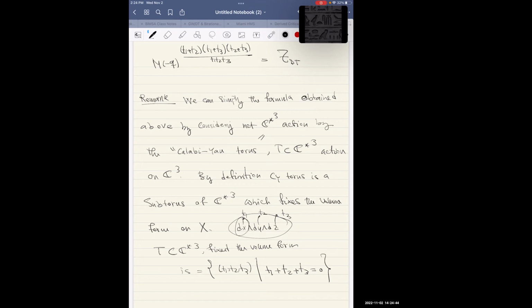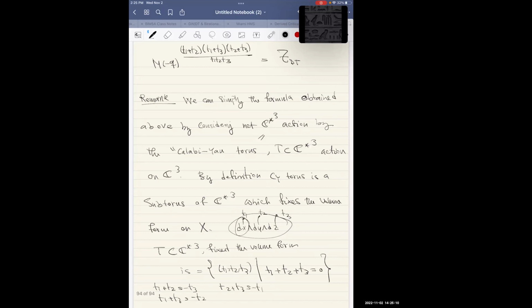So if this happens, then this is what the Calabi-Yau torus is. That means that T1 plus T2 is minus T3, for instance, and T1 plus T3 is minus T2, and T2 plus T3 is minus T1.